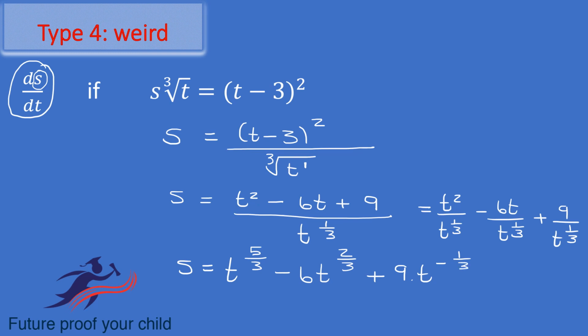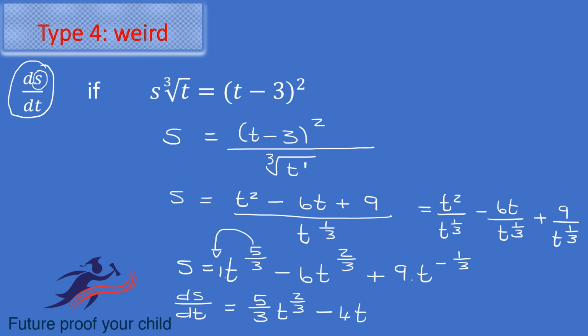Now we're ready to differentiate. So ds dt. So exponent times the imaginary 1 that's in front is 5 over 3. Write your t down. 5 over 3 minus 1 gives you 2/3. Then we have 2 over 3 times -6, and that gives me -4.